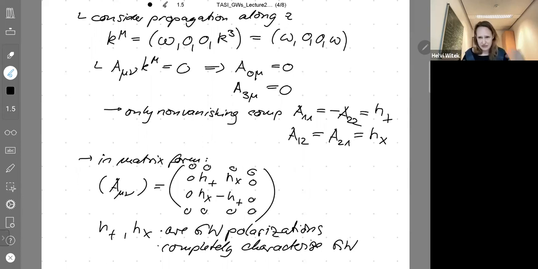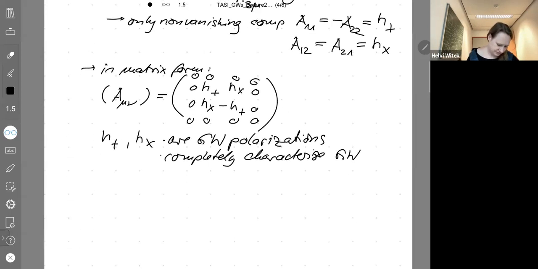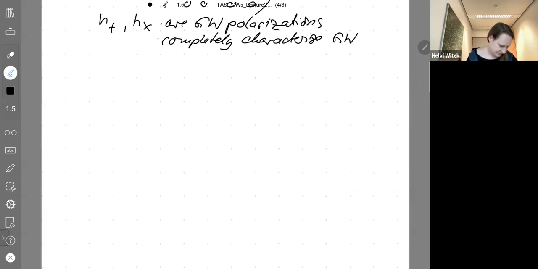Okay, so let me write that down, and then we think about how we can describe that mathematically in a bit more detail. The next section here is the impact of gravitational waves on matter.